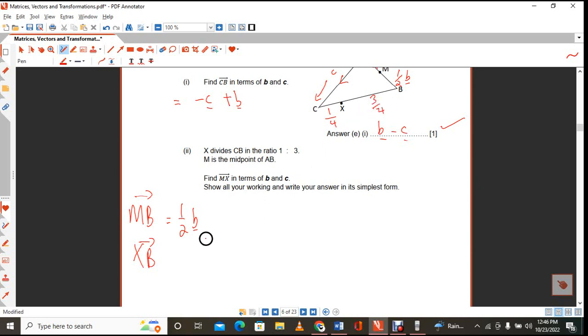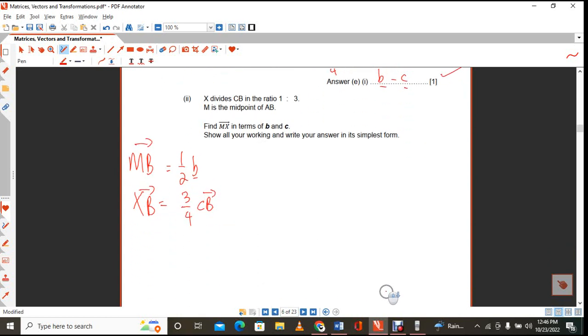So X to B is 3/4 of CB, okay? And what was CB? Well, it's our answer in Roman 1. So this is 3/4 of B minus C, okay? So if I clean this up, I'm going to get 3/4 of B minus 3/4 of C.